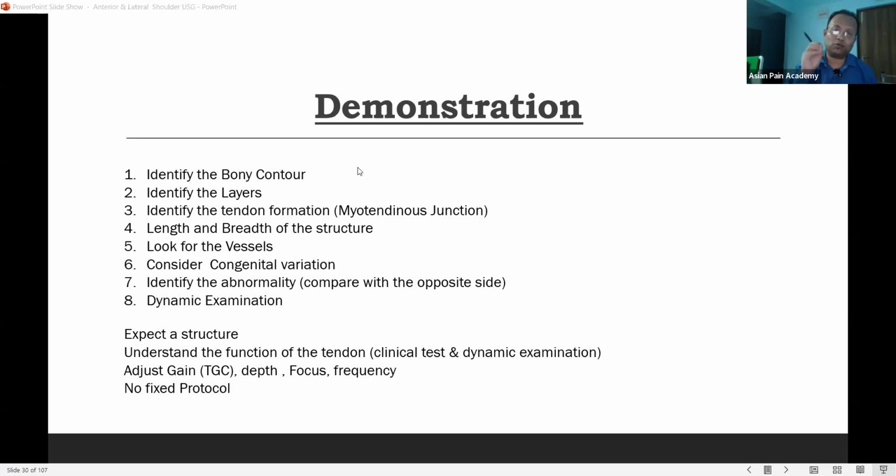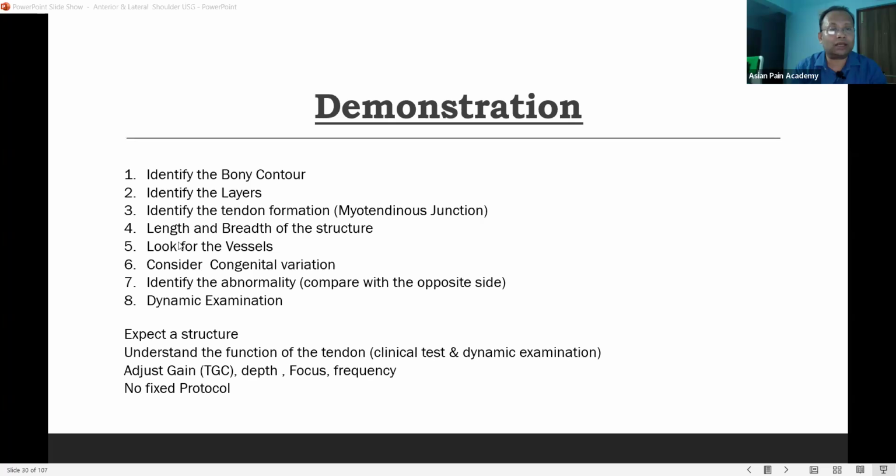So this part is very prone to any type of degenerative tear. And the myotendinous junction is more important when there is a history of trauma. So when we are seeing the tendon, we shall start from the bony insertion and go up to the myotendinous junction and the part of the muscle which can be seen.